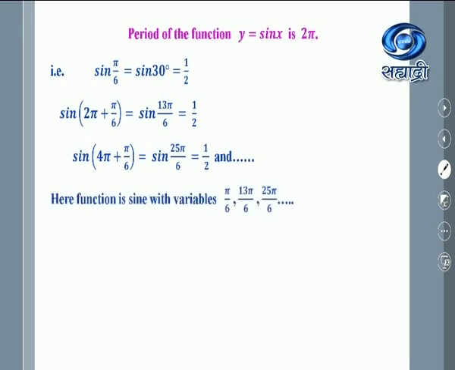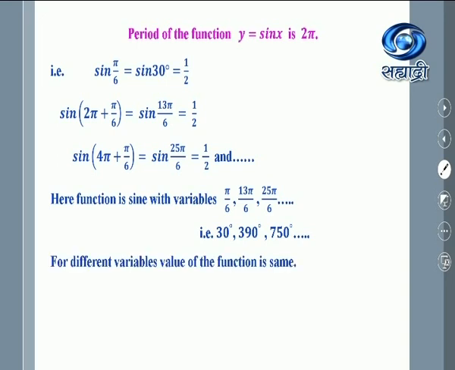So here we are getting the values of the variables as pi by 6, 13 pi by 6, 25 pi by 6 and so on. Now if you are finding this in degrees, you may be writing this as 30 degrees, 390 degrees, 750 degrees, etc.